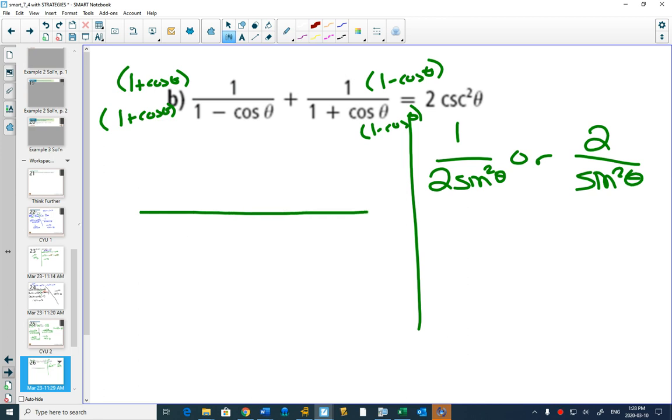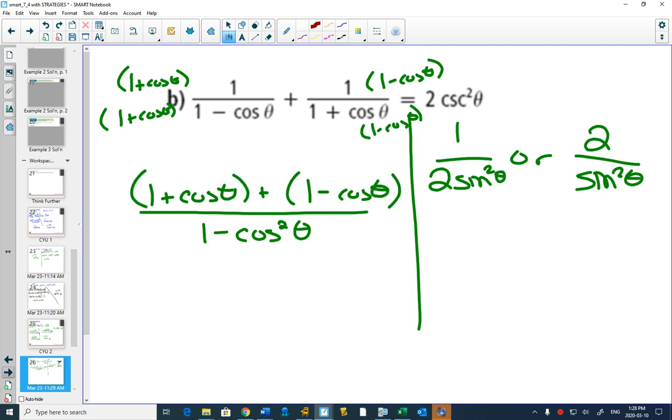The bottom is a difference of squares. Comes up so often. 1 plus cos theta times 1 minus cos theta will be 1 minus cos squared theta. Then on the top, when I'm adding, I'm going to have 1 plus cos theta plus 1 minus cos theta. And now I've got a single fraction.